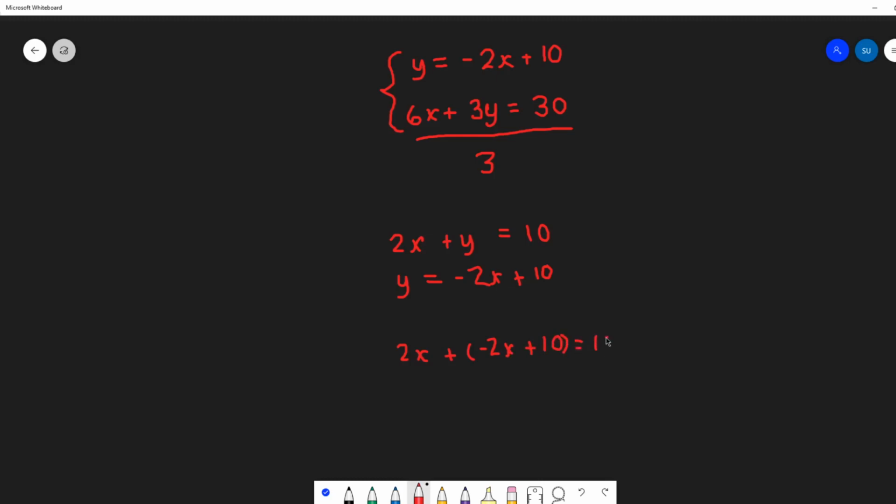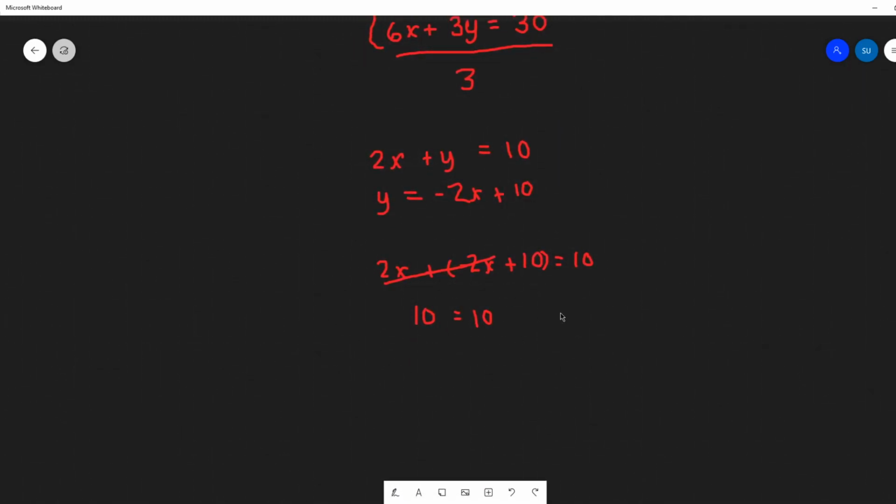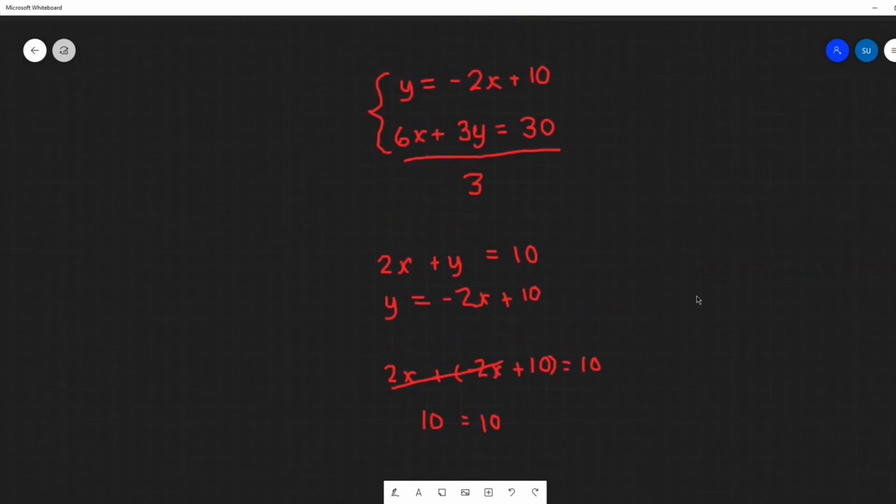And if we solve this out, we're going to see that 2x minus 2x just becomes 0. So we can get rid of that, and all we're going to be left with is 10 equals 10. So this is a situation where we get a true statement, 10 equals 10. So therefore, the answer is going to be all solutions. And you're going to get the same thing if you were to do this for x, or if you were to do elimination.